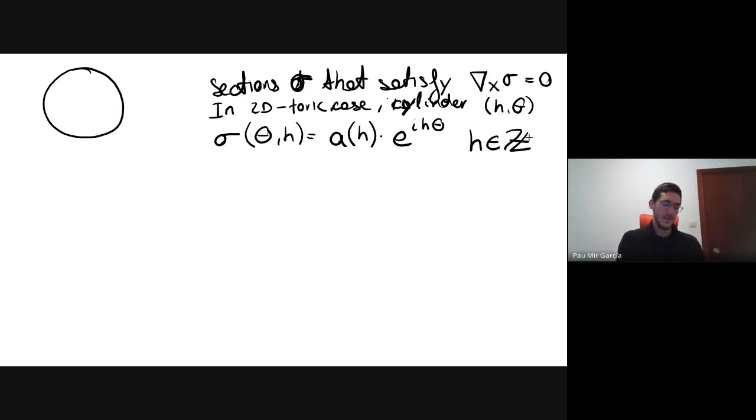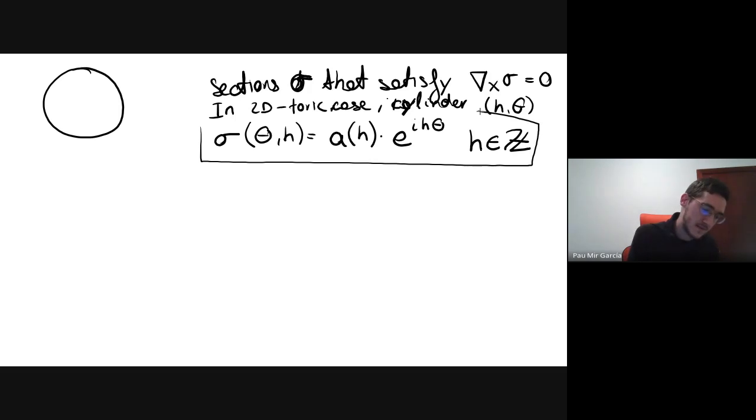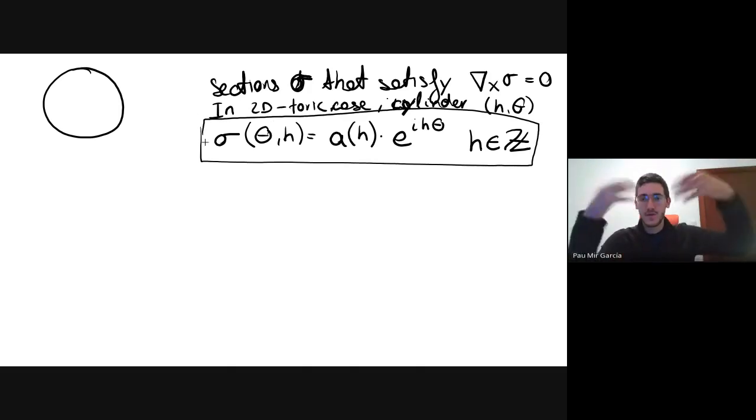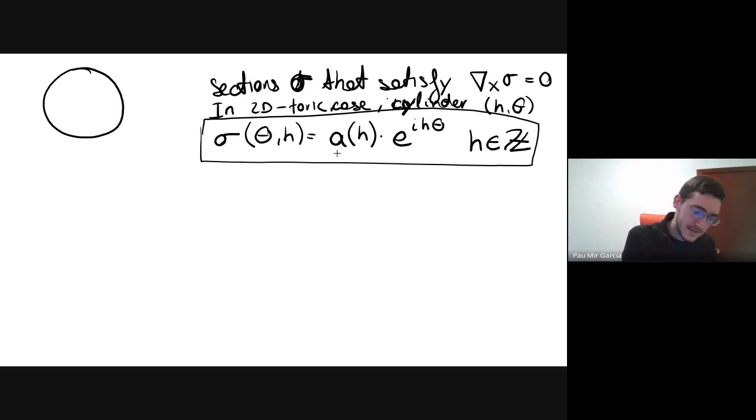So this is for the cylinder. You have this, this is the shape of your space, and this a of h is any complex function of h, not of theta, only of h.